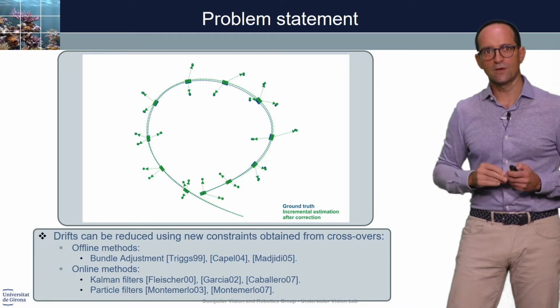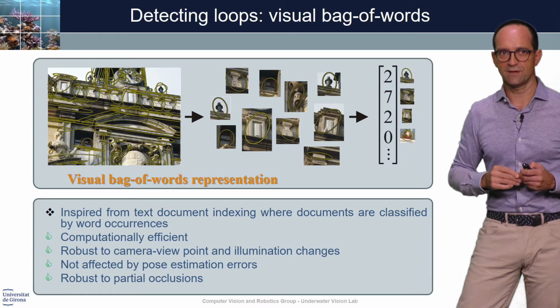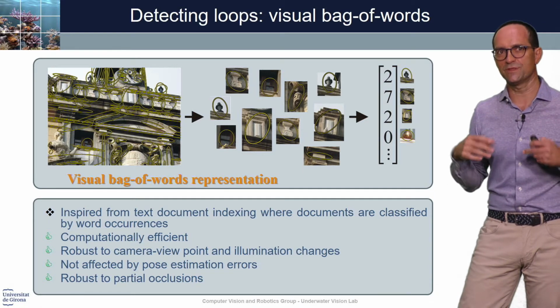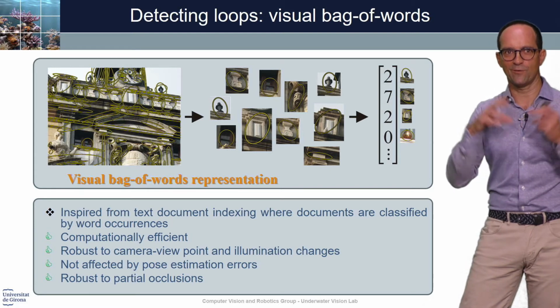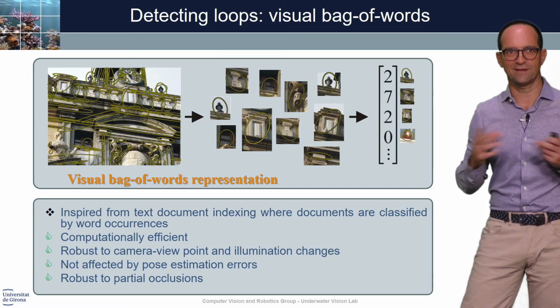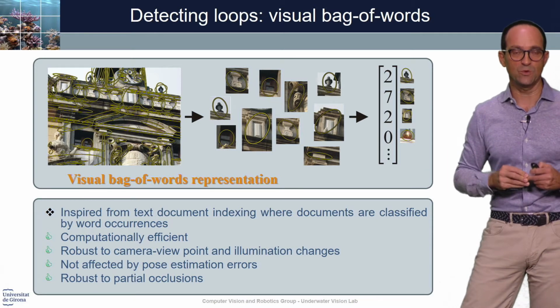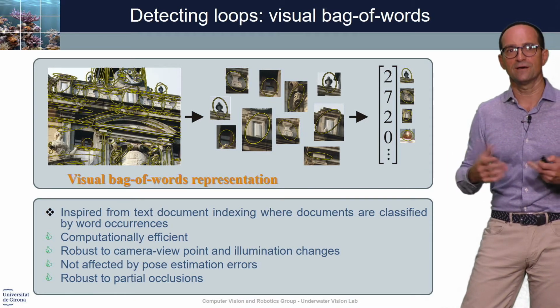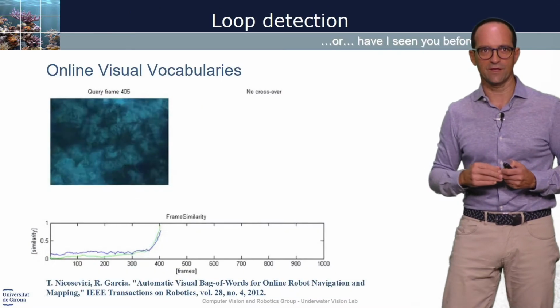In our case, we are solving this using visual bag of words, which is an approach in which basically we describe images as a number of objects that are present, a histogram of objects, in fact, that are present in the image. But we do it by learning the vocabulary as the robot is moving in a given trajectory.